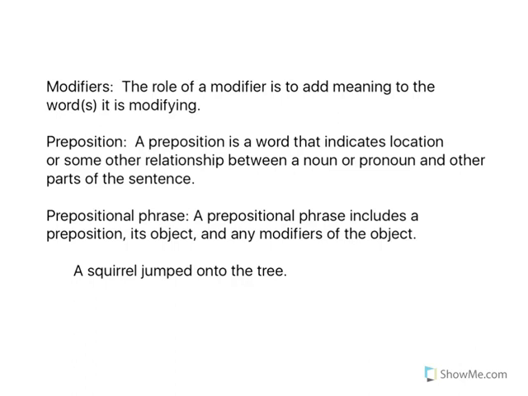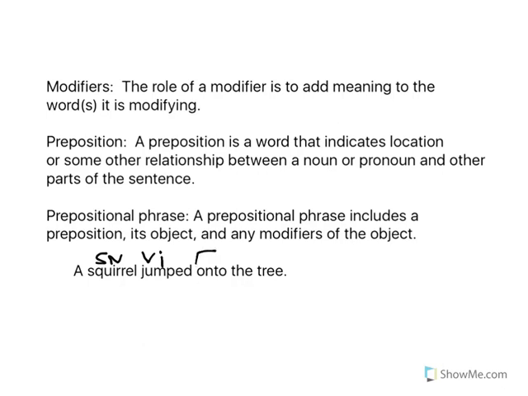So in this sentence, a squirrel jumped onto the tree. We're going to label squirrel as our subject, the one completing the action. Now, our action is jumped, and it's an intransitive verb because it's not transferring any action.